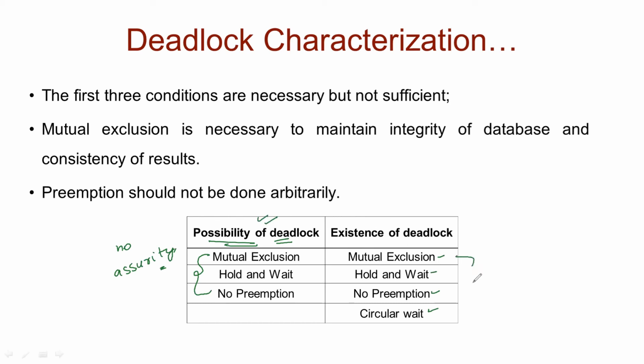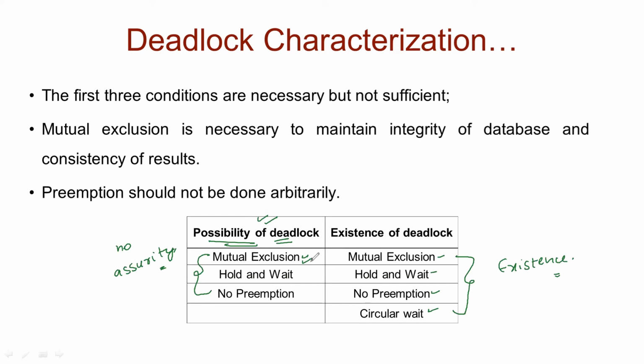But if these four conditions occur, then there is existence of deadlock. Why? We have already discussed that these are necessary conditions, but let's see, these are not sufficient. Mutual exclusion. As already discussed, there are some resources which will always be non-shareable. So you cannot control this condition.